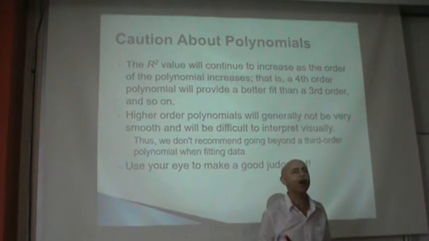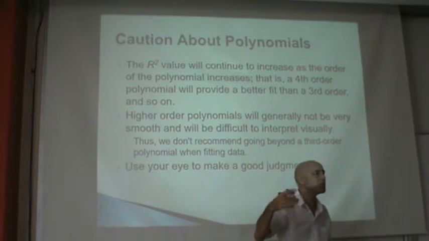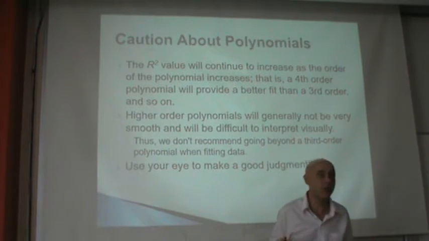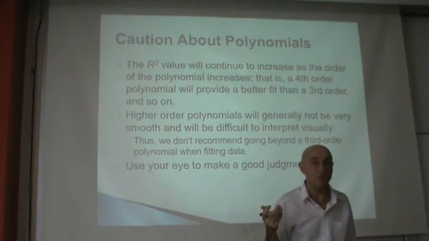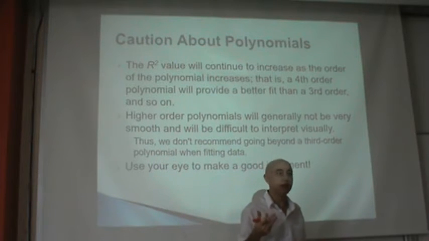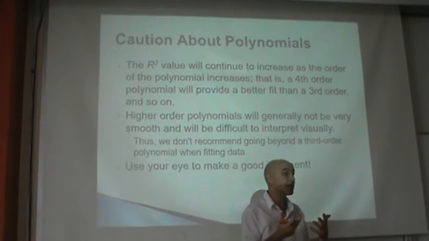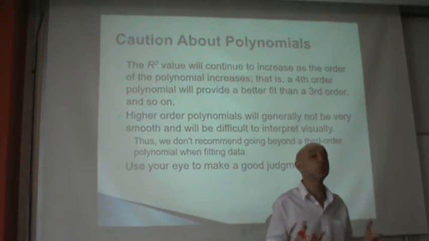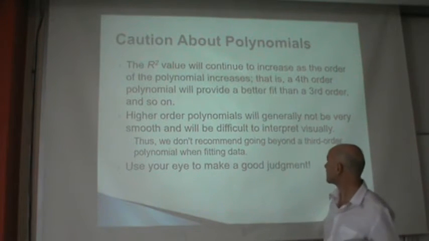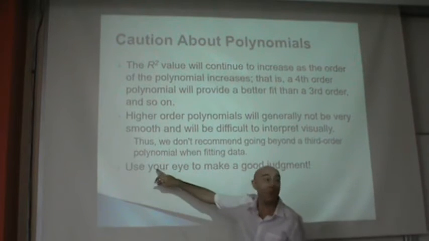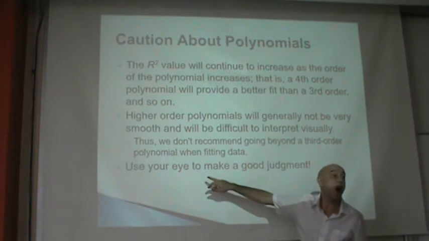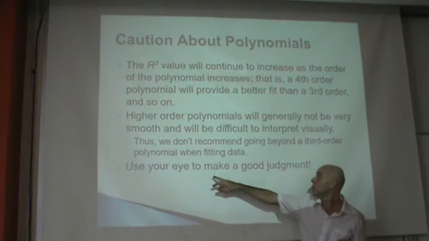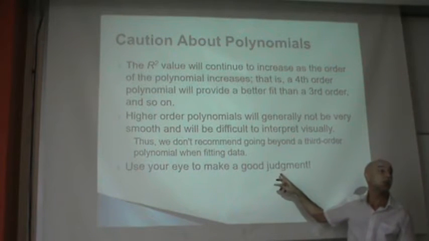So a high-order polynomial, 4, 5, 6 degrees, will probably not be very good. But again, you have to look at the data and see what the data actually looks like. You need to use intuition, okay? And that's exactly what they say. Use your judgment. That's the same as intuition, to make a good judgment.